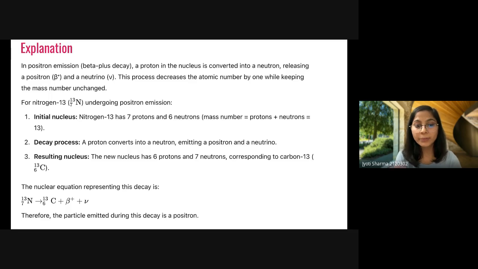Whenever it is positron, your atomic number will be reduced by 1. If it would be electron, then your atomic number should be increased by 1. But if it is a positron, then it should be reduced by 1. And then the antineutrino. So this is how this is beta plus decay.